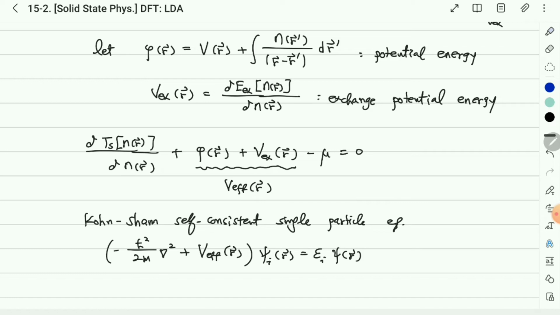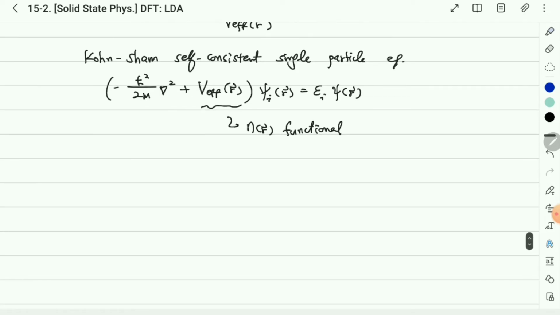And also this effective potential is a function of local density. It is an n(r) functional.